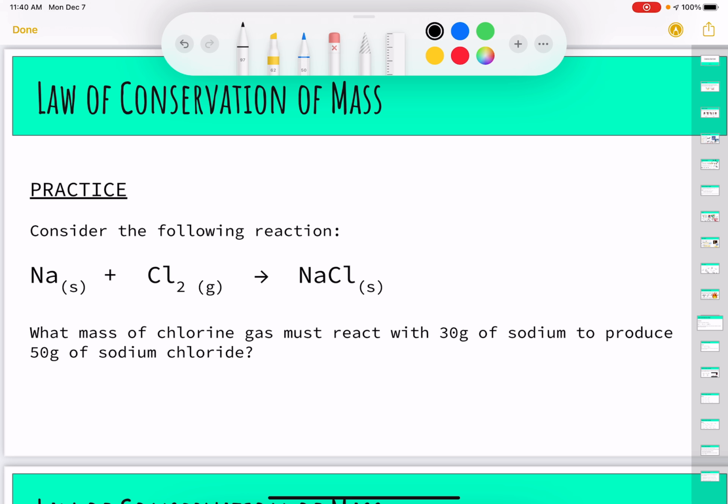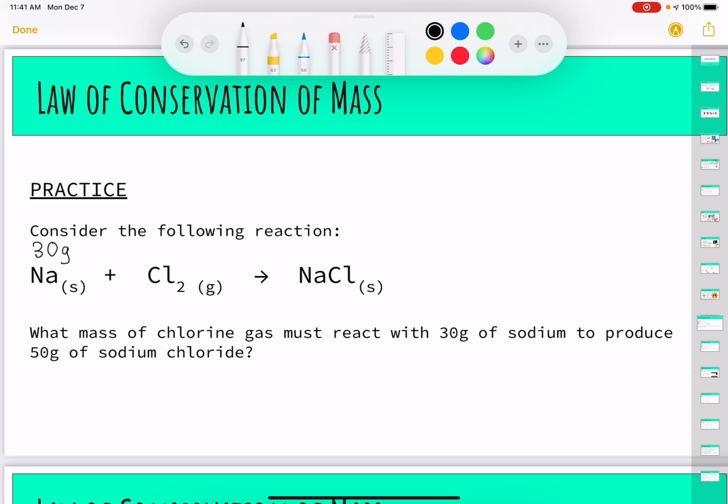It says, consider the following reaction. So it's Na, which is a solid, and Cl2, which is a gas, reacted together to give us NaCl, which is a solid. It says, what mass of chlorine gas must react with 30 grams of sodium to produce 50 grams of sodium chloride? As I read through the question, I like to write the grams over top of the elements.